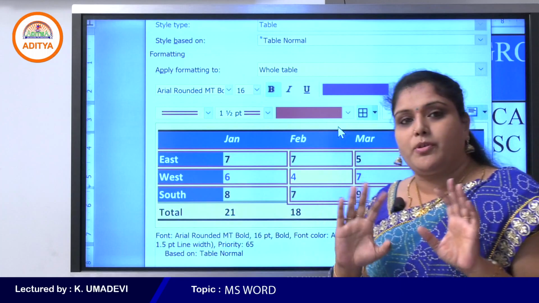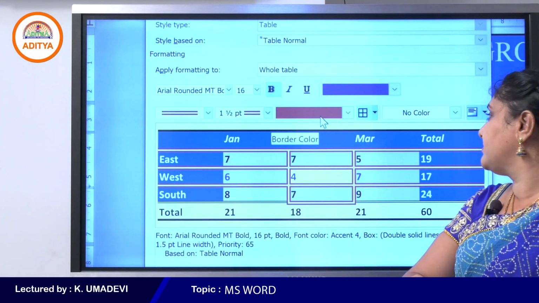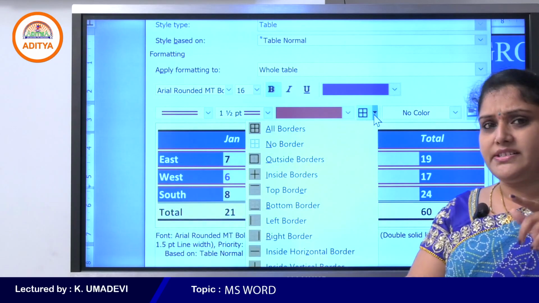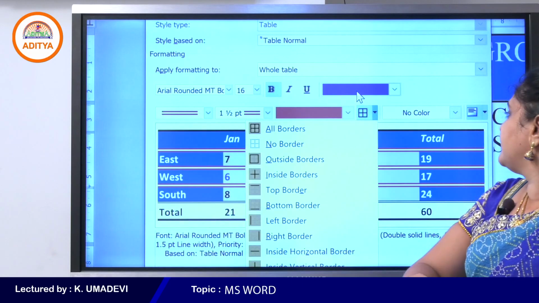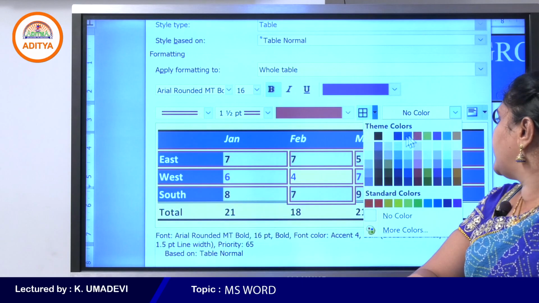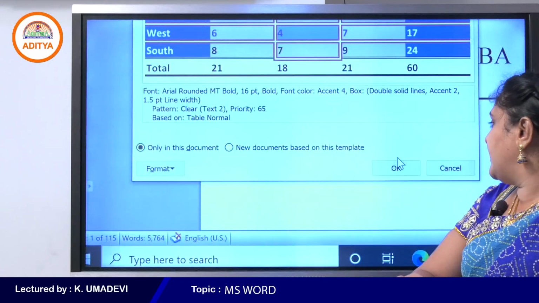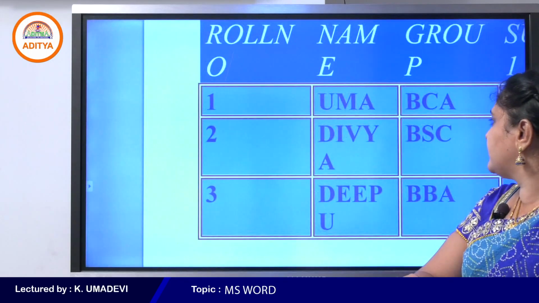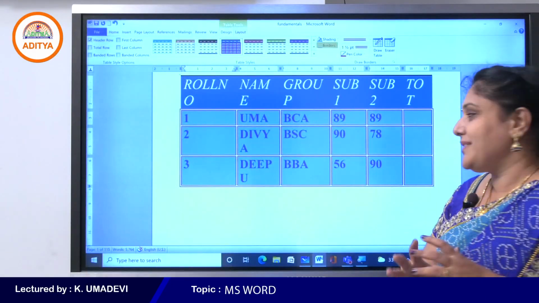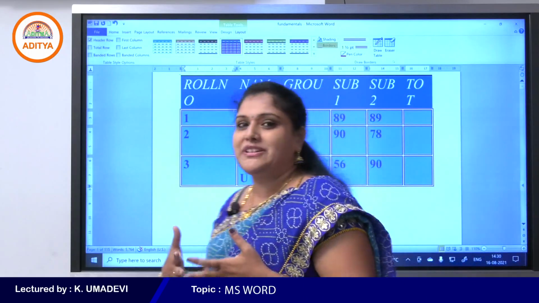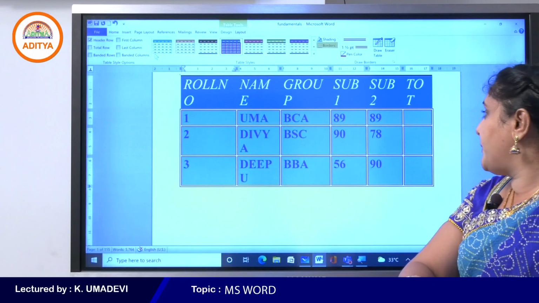If you want to apply borders for all the cells, simply select the all borders option, which we already discussed on the home tab, on the paragraph group, right? And after that click on OK. So this is how we can modify the table styles by using the modify table style option under the table styles group.